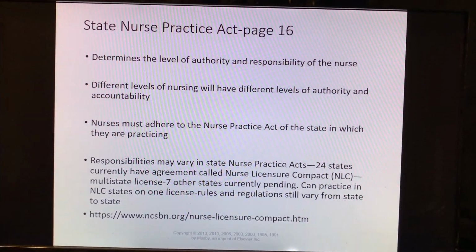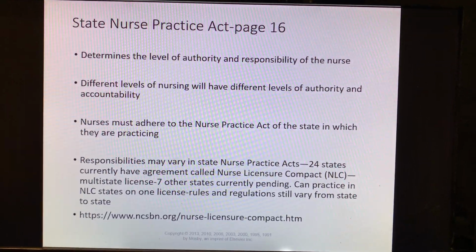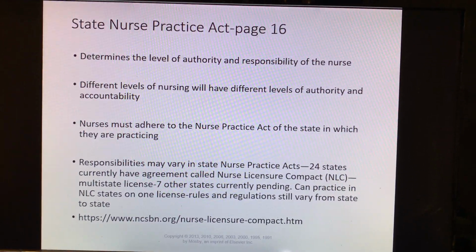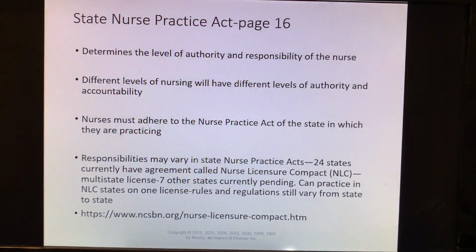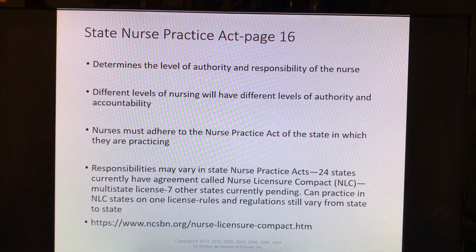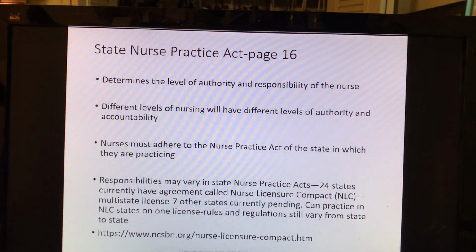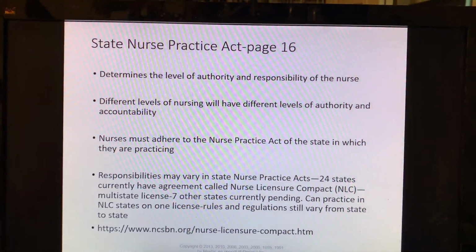24 states currently have an agreement called a Nurse Licensure Compact. And the last I read, 7 other states were pending. And what this says is that you can practice on your multi-state license in another state.